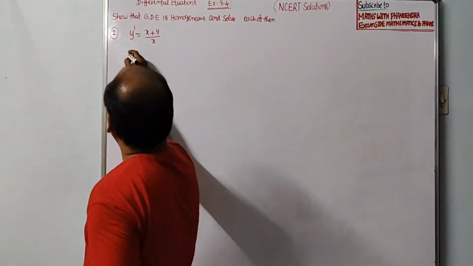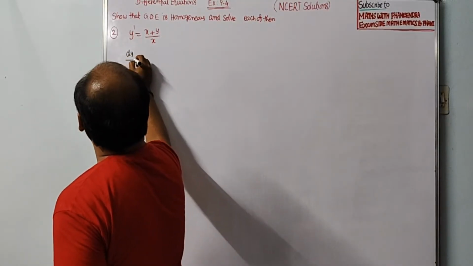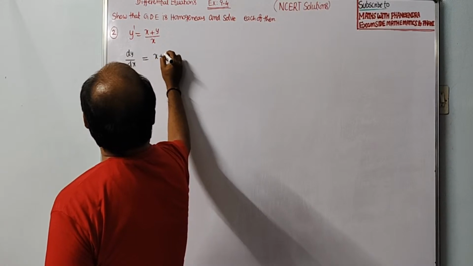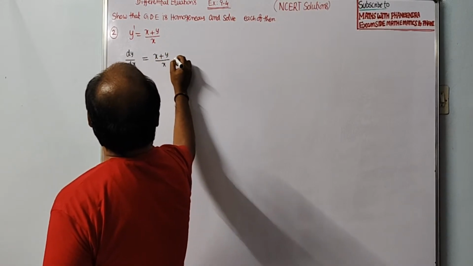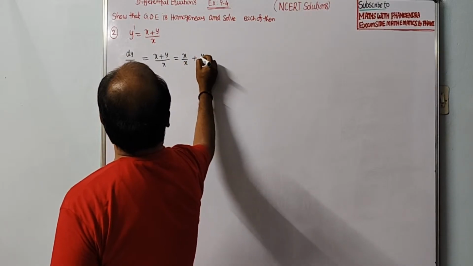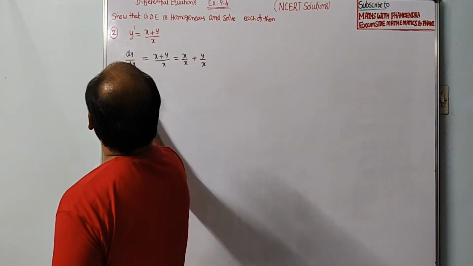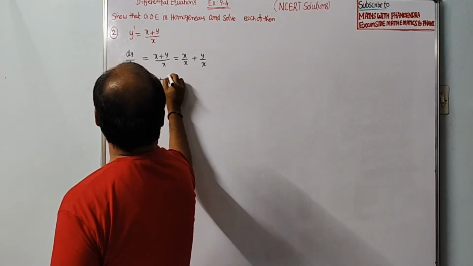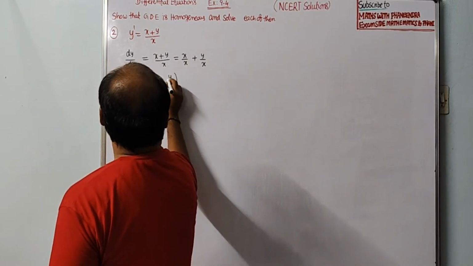So y dash means dy by dx is equal to (x plus y) by x, that is equal to x by x plus y by x. So dy by dx is equal to 1 plus y by x.